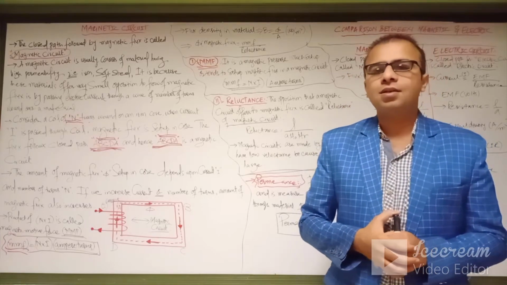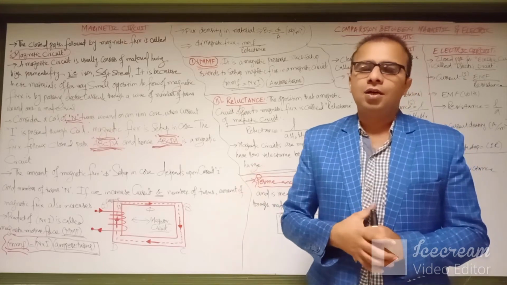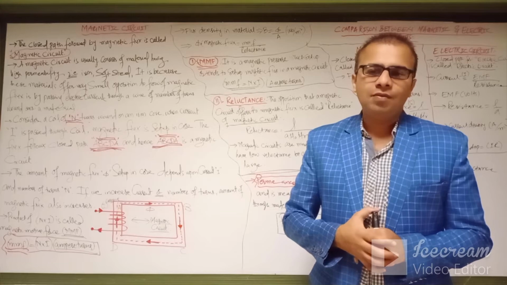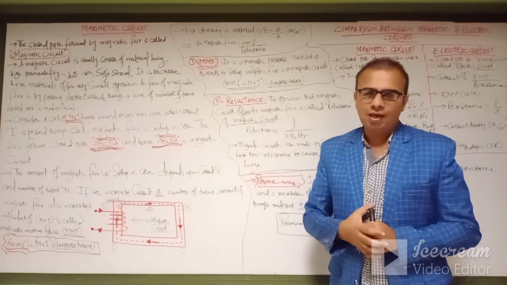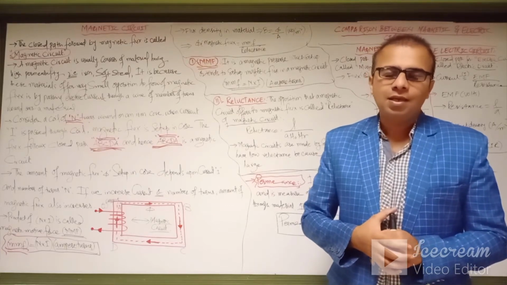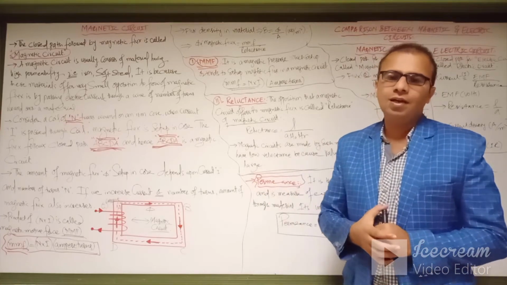Reluctance is the opposition offered to the magnetic lines of the circuit, and that opposition to the magnetic lines is the reluctance.